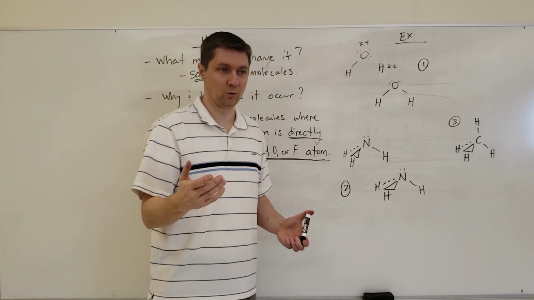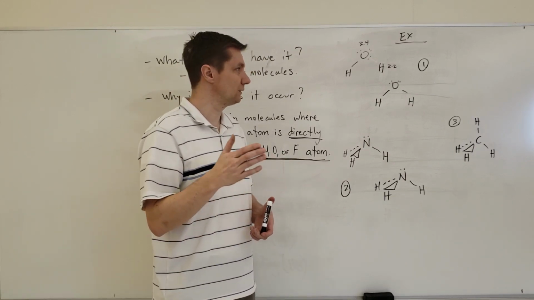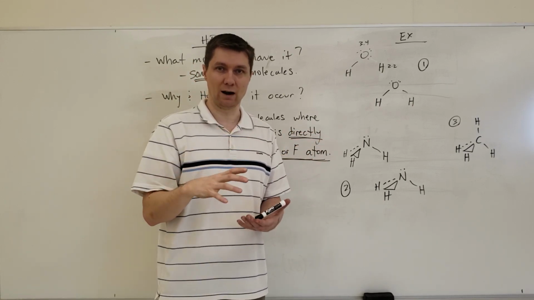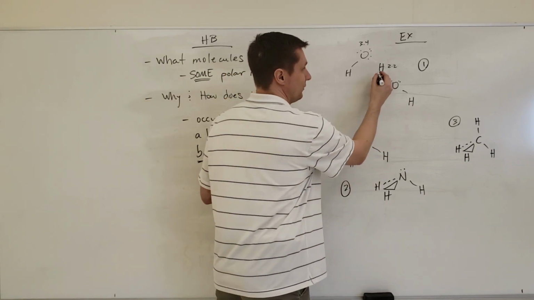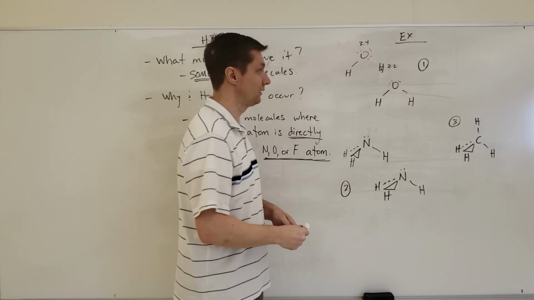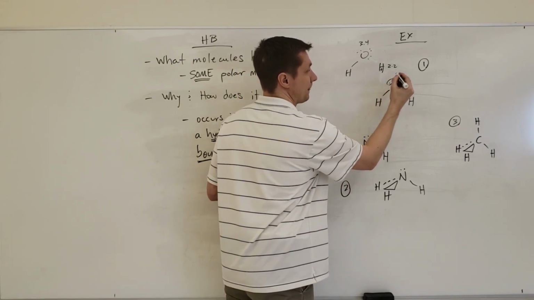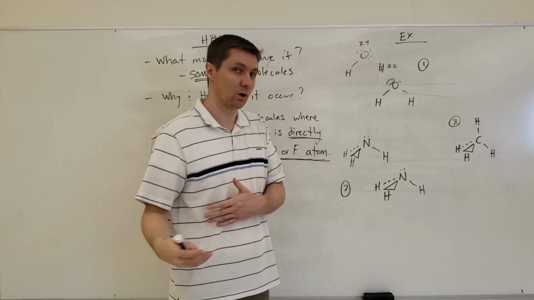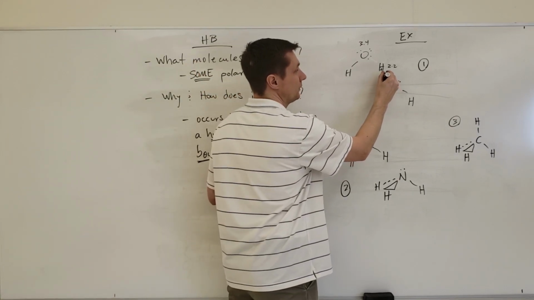Now, as we've discussed before, hydrogen is unique from all the other atoms on the periodic table in that when those electrons get pulled away from it, there are no other electrons in any lower energy levels. And so the positive nature of the nucleus is now exposed. It doesn't have electrons shielding it. And this is an interesting thing that happens: the lone pairs from another oxygen atom in another water molecule, if they get close enough, can form an attraction.